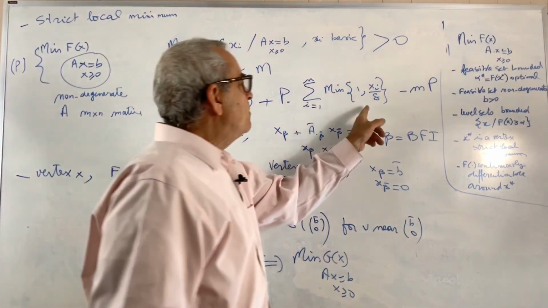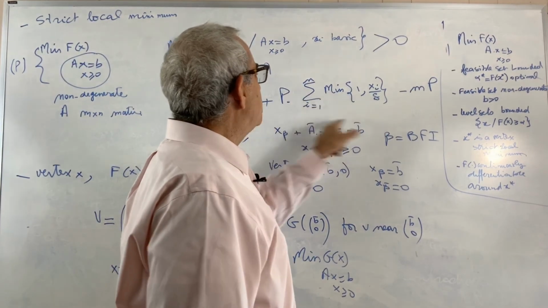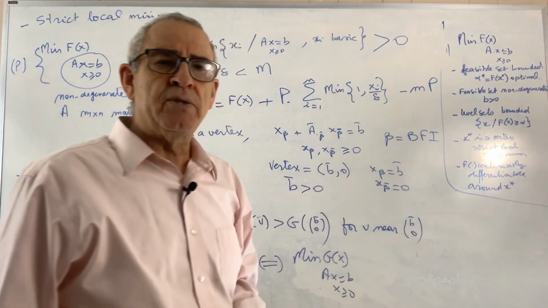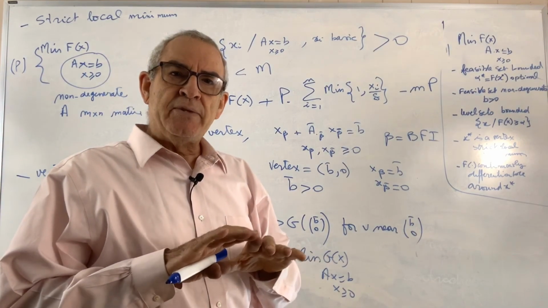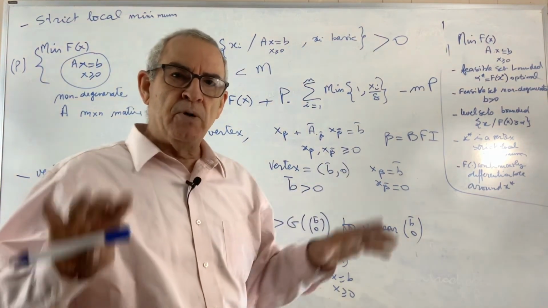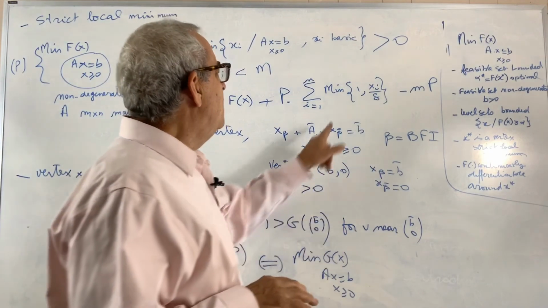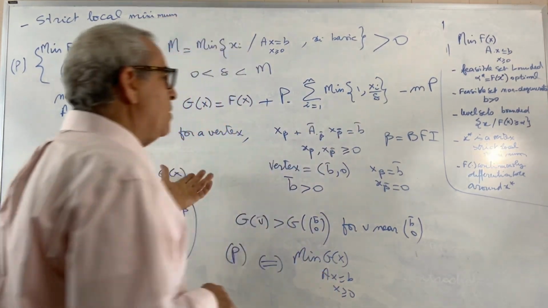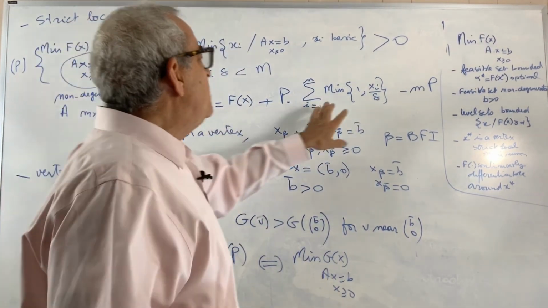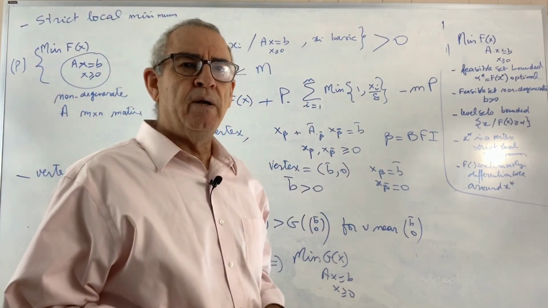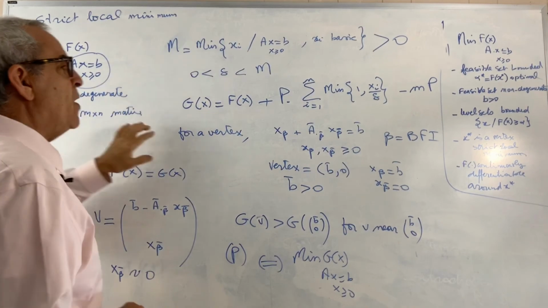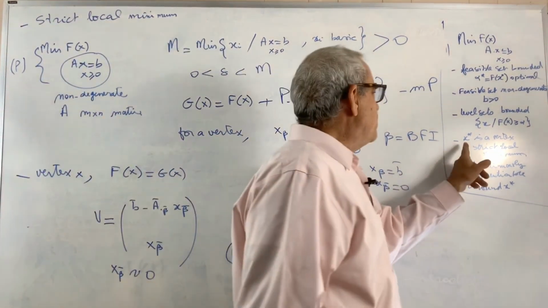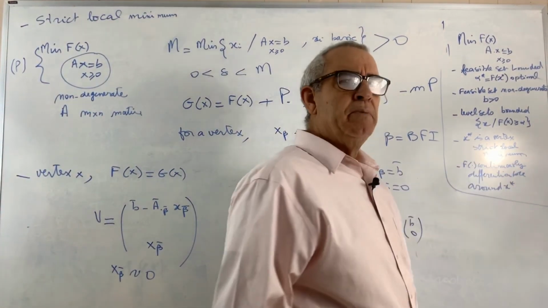And also, this function here is a piecewise linear function, and at the vertices, it is a linear function in the neighborhood of that set. So therefore, it's differentiable also. If f is differentiable, this is also differentiable. So we transform this problem into a problem where every vertex is a strict local minimum.